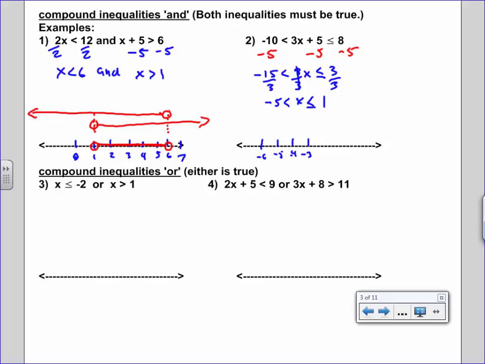Just mark off our graph. Well, open circle at negative 5, closed circle at 1, and we're saying x is in between, so we shade the area in between.